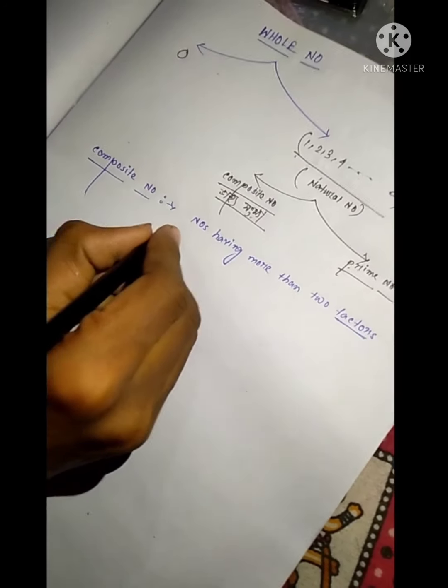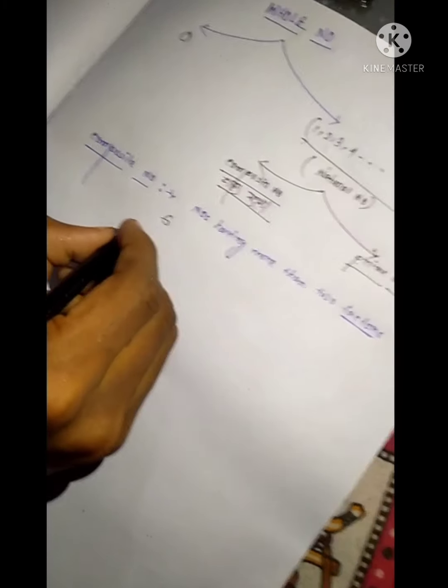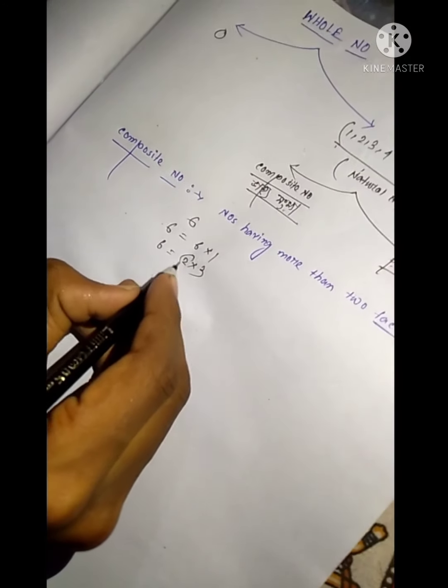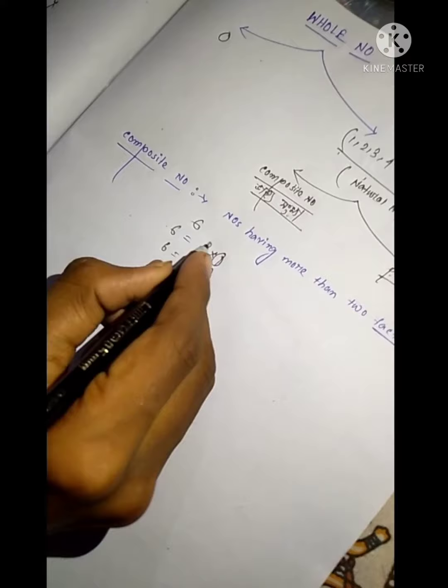If I say 6, it has four factors. You can say 6 is equal to 6 into 1. On the other hand, you can say 6 is equal to 2 into 3. All these 2, 3, 1, 6 are factors of 6.